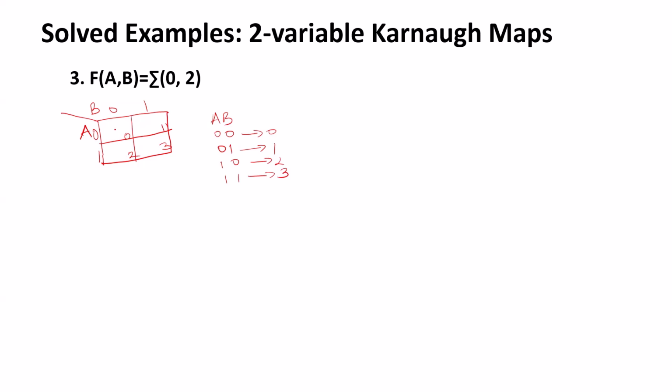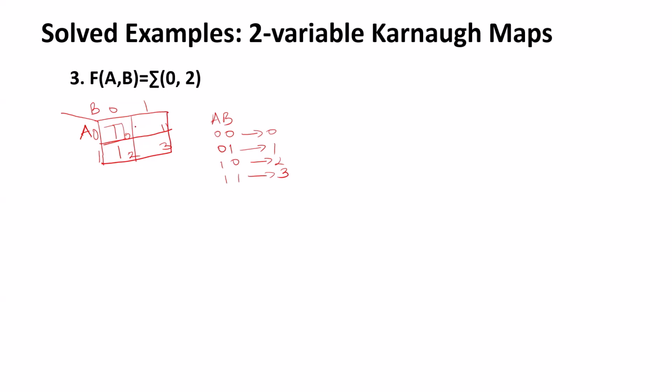So in cell 0, we put 1, and in cell 2, we also put 1. So now we can solve this together because we have 1, 1, or we can also treat the 1s individually. So in this case, let me treat the 1s individually.